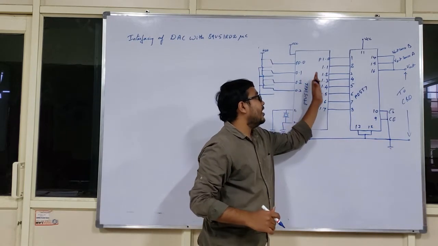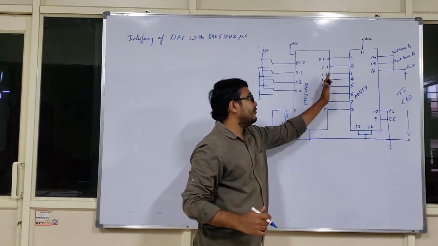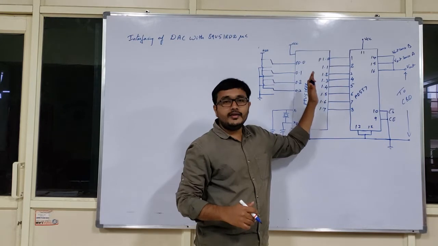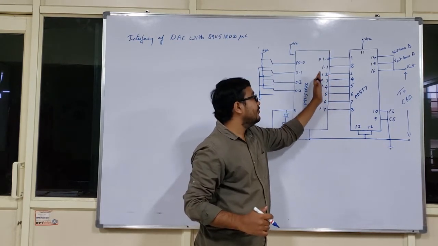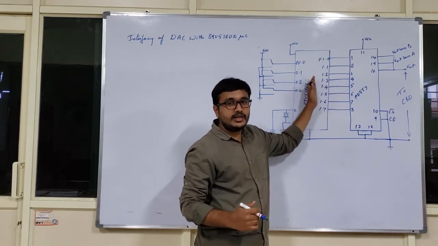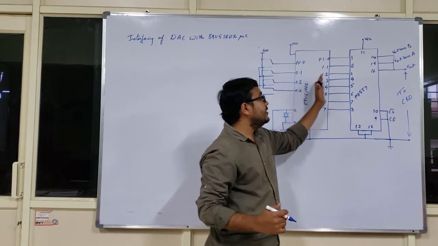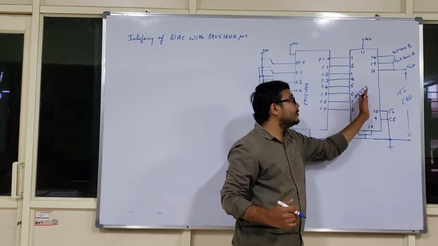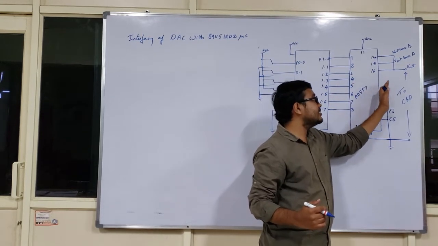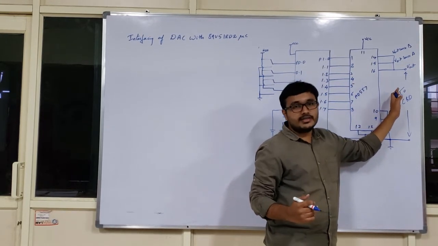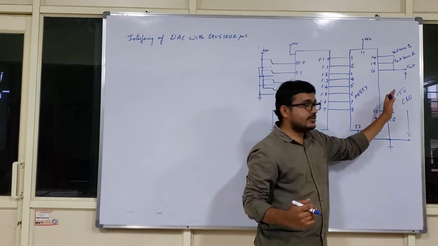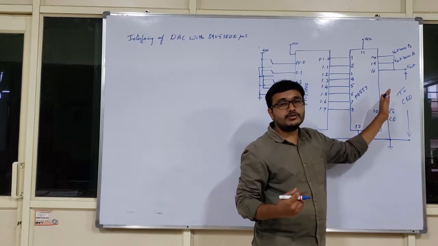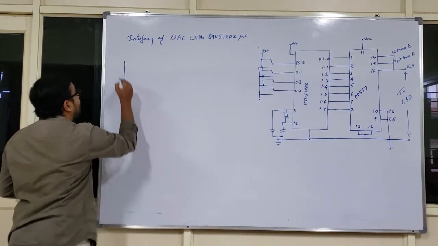The output of your 8051, which will be in a discrete format or digital data, or the digital information, is given to your DAC module, and the output of your DAC module is forwarded to the CRO, that is cathode ray oscilloscope, from which we can see the analog waveform.